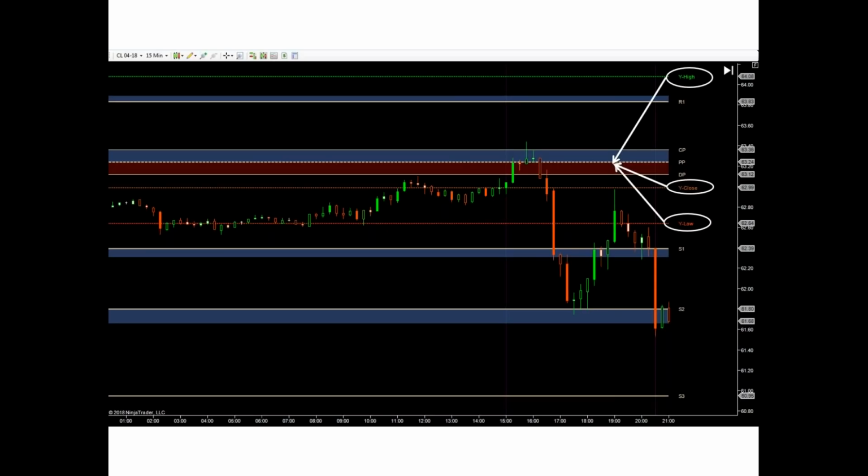You see here at the regular session, we opened at yesterday's close pretty much, and then did a quick test of the main pivot and the central pivot before we saw a pretty straight move down to second support.